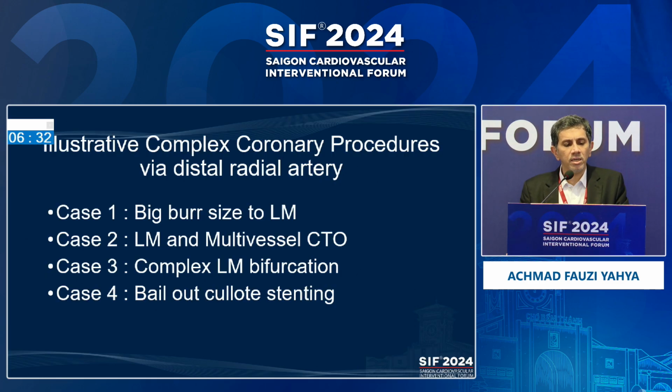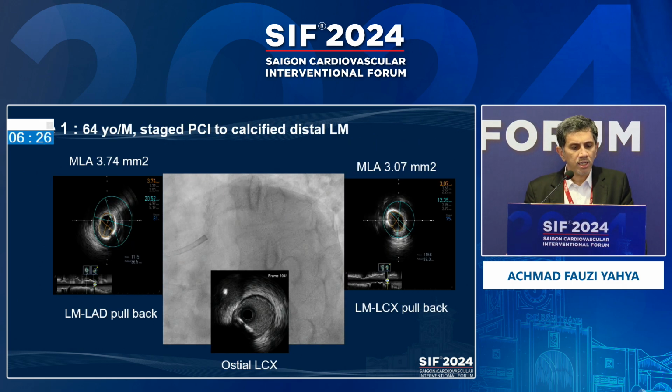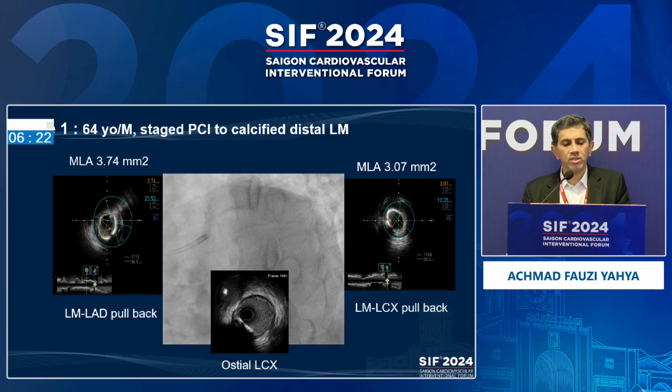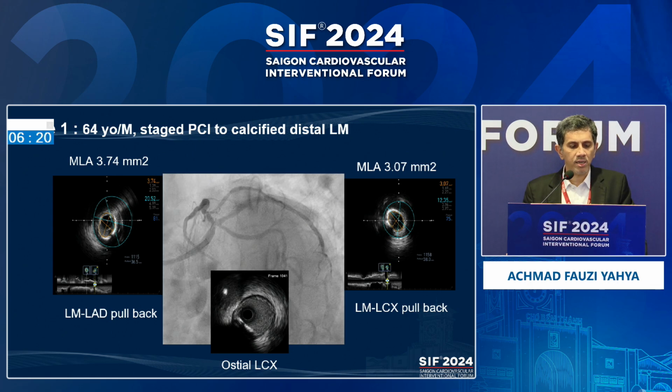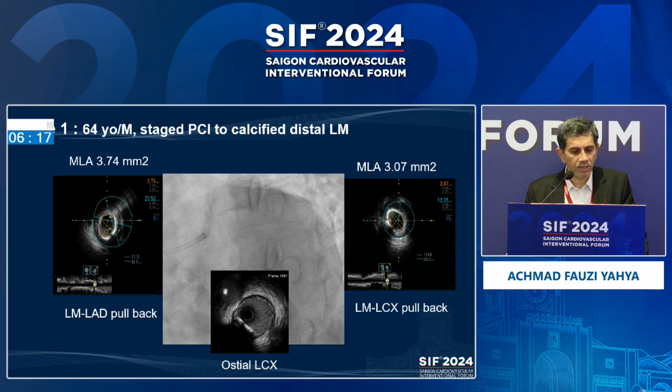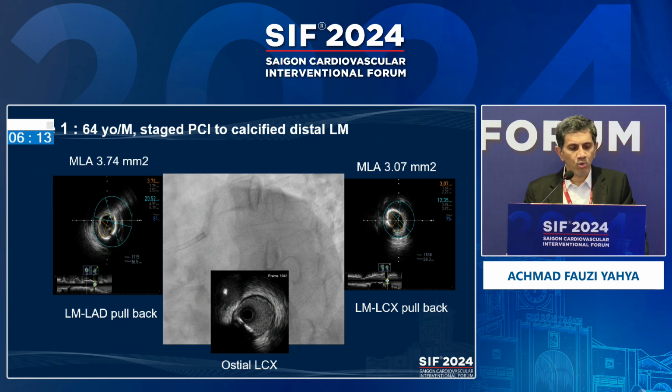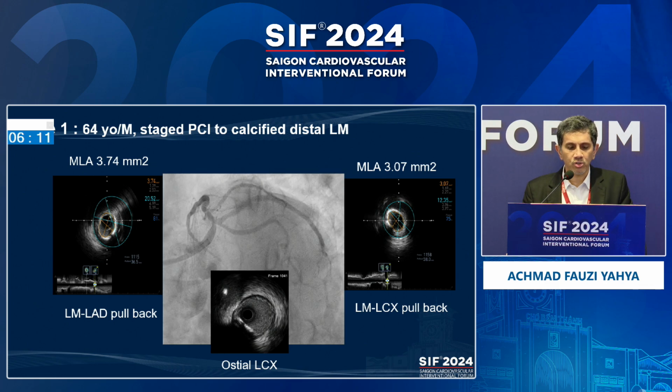So this is an illustration of complex coronary procedures that we did. The first case is a 64-year-old male, staged PCI to a calcified distal left main. The IVUS demonstrated a very tight stenosis and a very small minimal lumen area, which is severe stenosis.